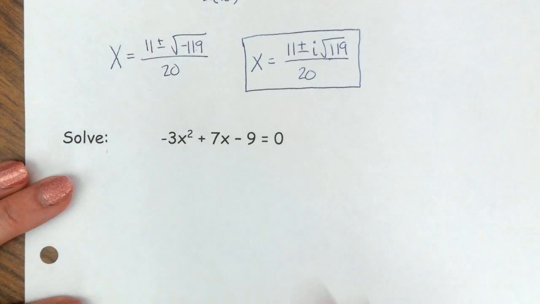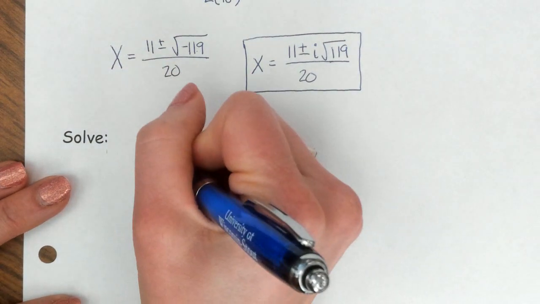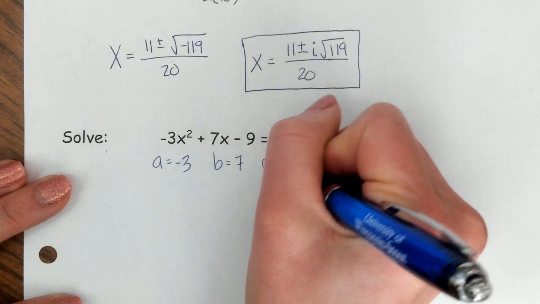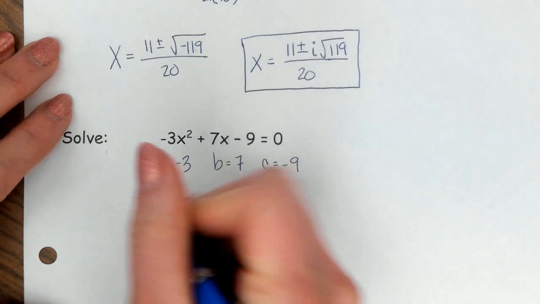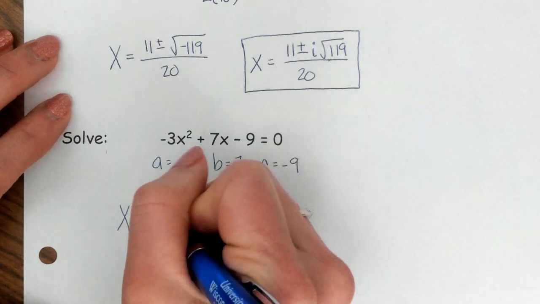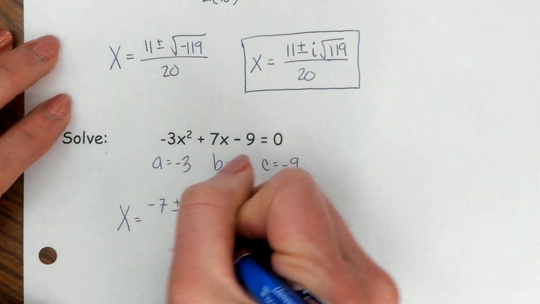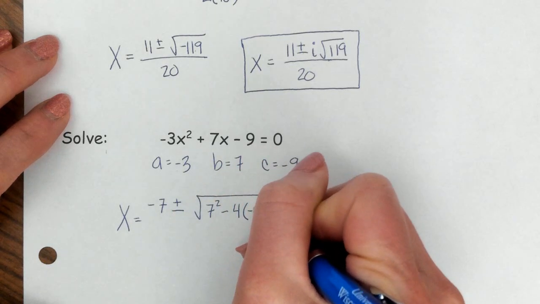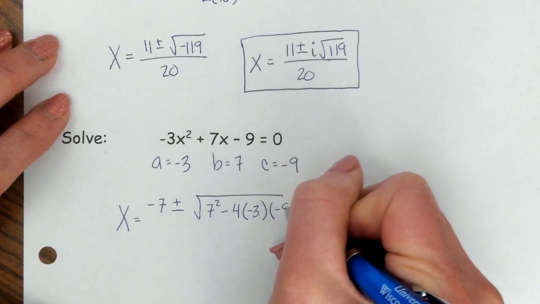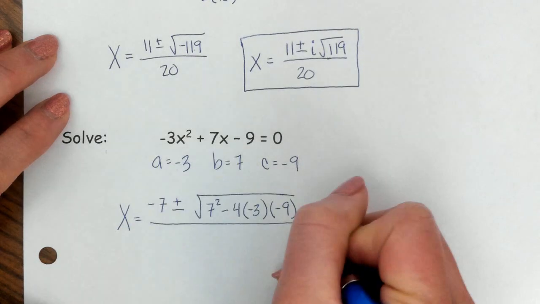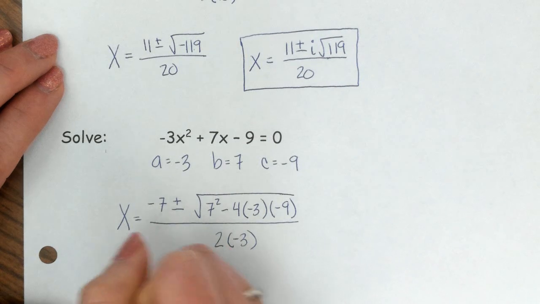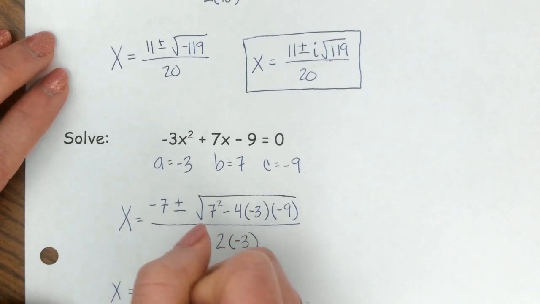So same thing here. Let's just do one together. So that means x equals the opposite of b plus or minus the square root of b squared minus 4 times a times c, all over 2a. So I'm going to use my handy dandy calculator.